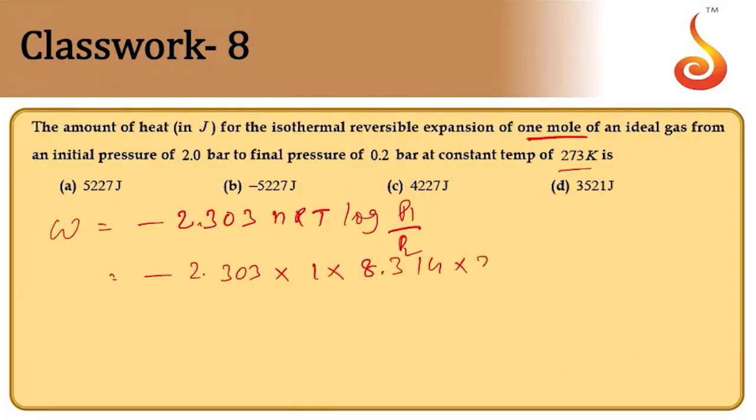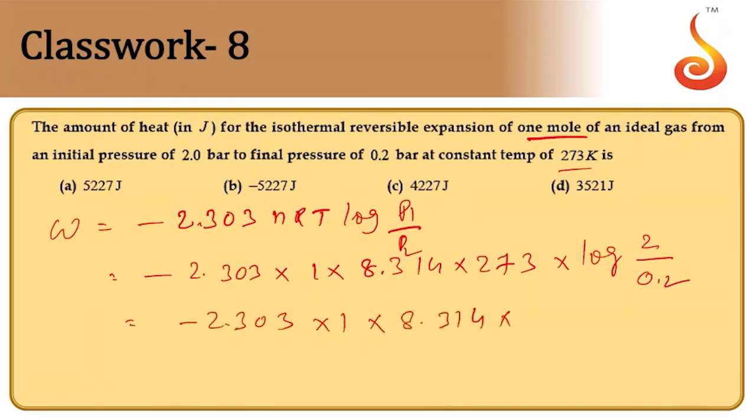Temperature is given as 273 Kelvin. Into log of P1 by P2. P1 is the initial pressure, 2, by P2 given as 0.2. So 2 by 0.2, that is to say log 10. Log 10 is equal to 1, which is equal to minus 2.303 into 1 into 8.314 into 273 now.